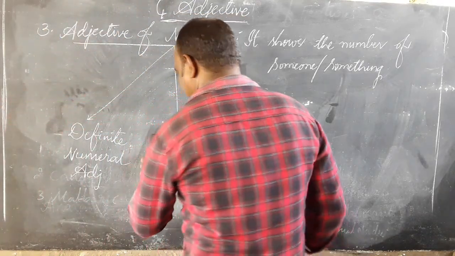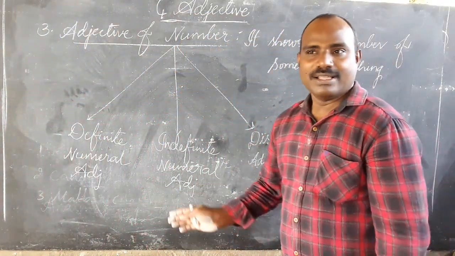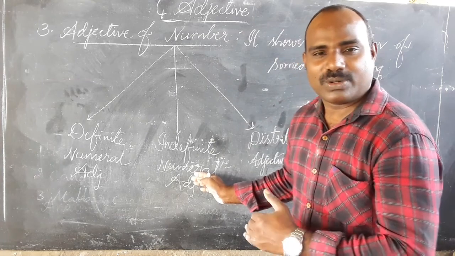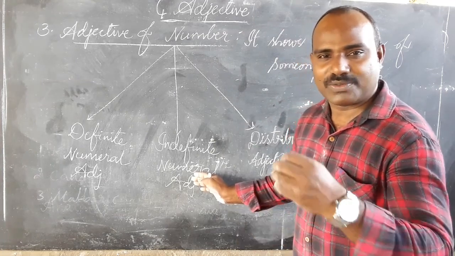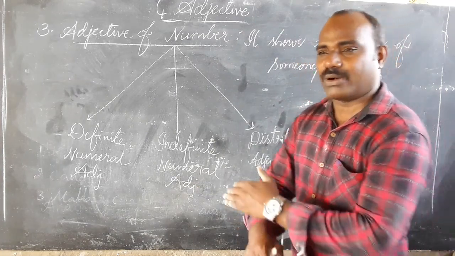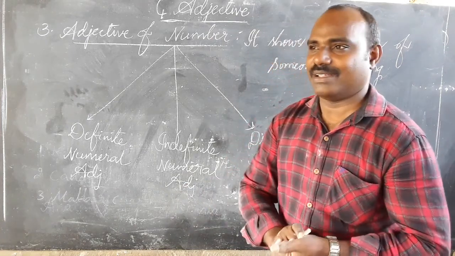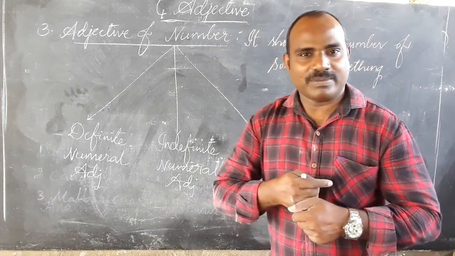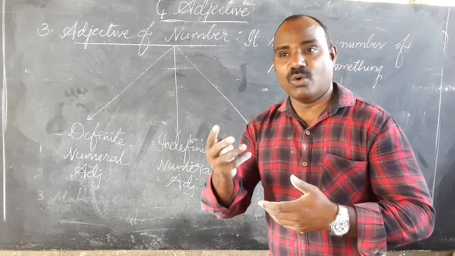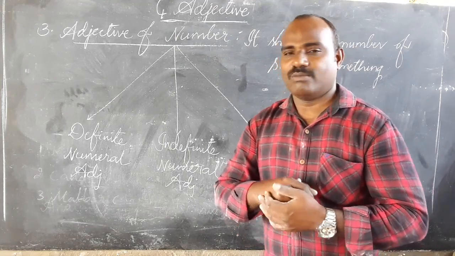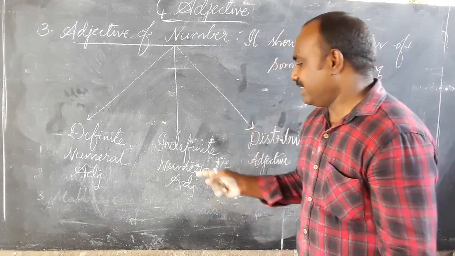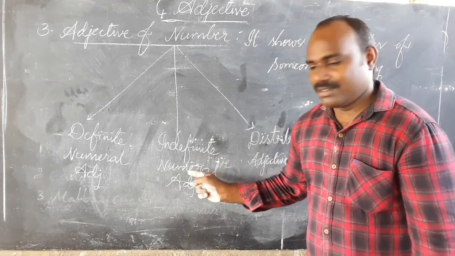And coming to indefinite numeral adjective. See, the word that does not show a particular or specific number of something or someone. For example, all, many, little, some, more, much, both.